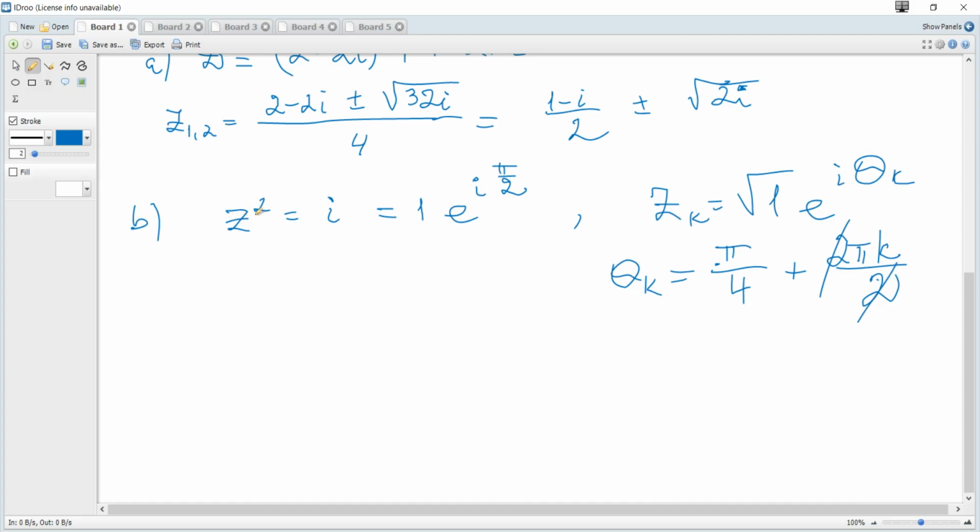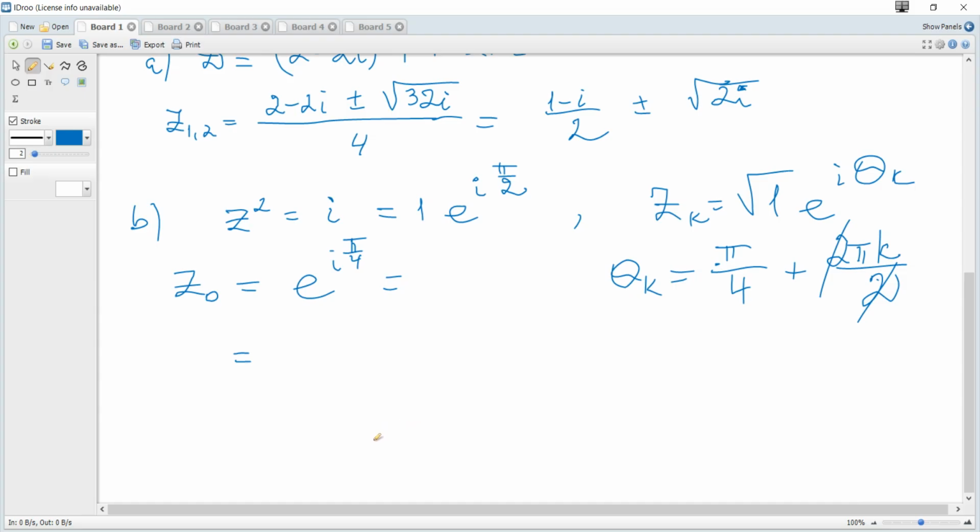Since it's squared, there are two roots, and z0 is just square root of 1, which is 1, e to the power of i theta 0, which is pi over 4. Which is what?